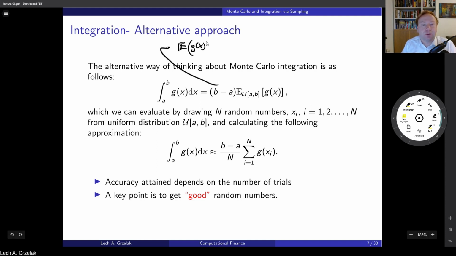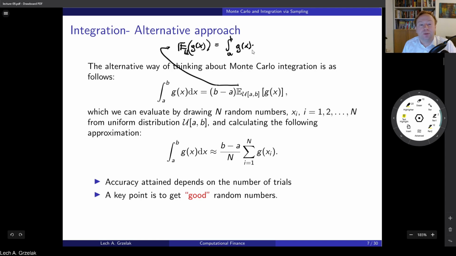So this expectation will be given by an integral from a to b. I don't include the b minus a, keep in mind. So this expectation is equal to the integral from a to b of g of x times the density of x. We have a uniform distribution here, right?